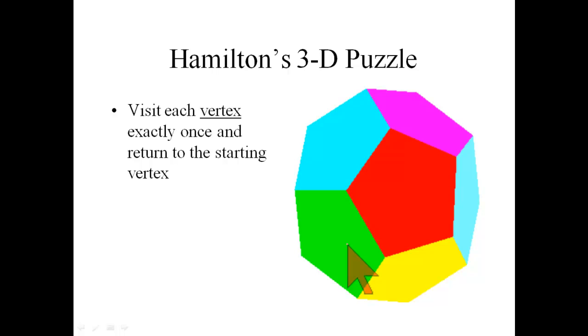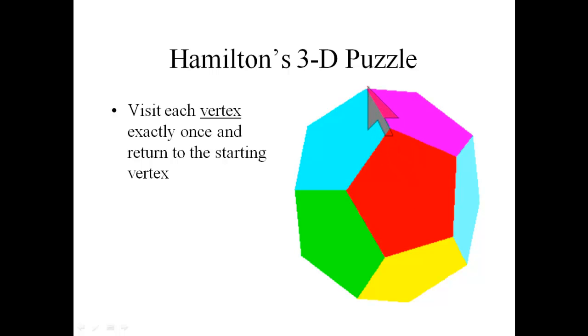A gentleman by the name of Hamilton in the 1800s, 1860 or so, posed the following puzzle. Take this dodecahedron, and it's a three-dimensional shape, but it does have vertices, and it does have edges.